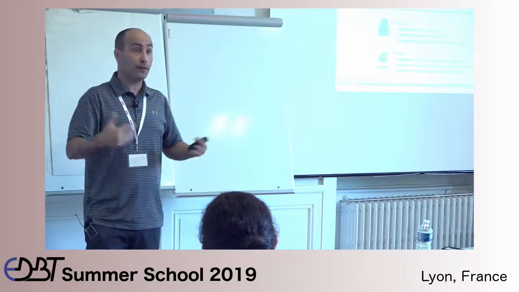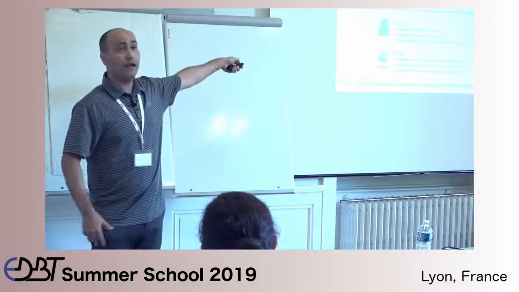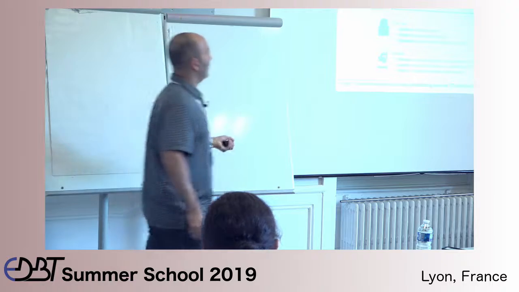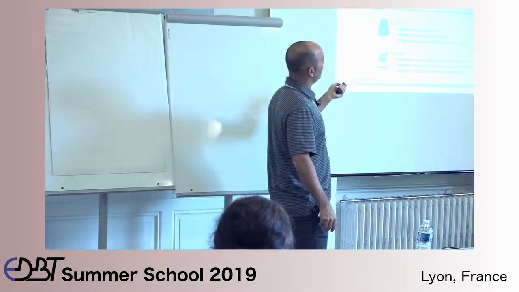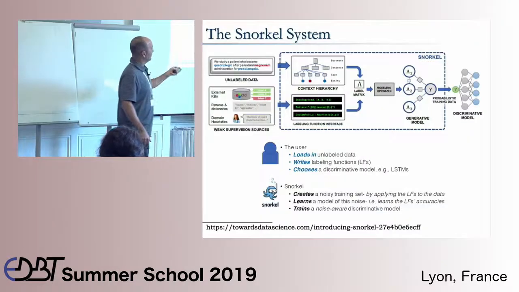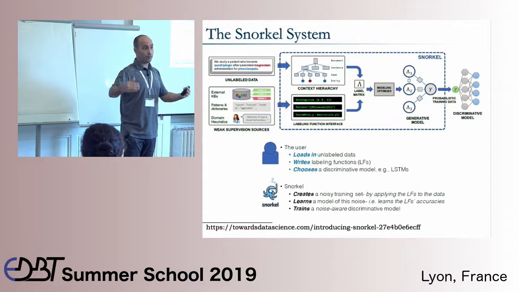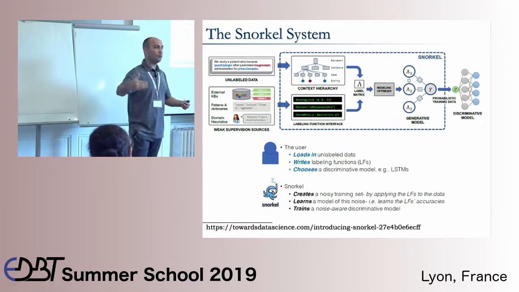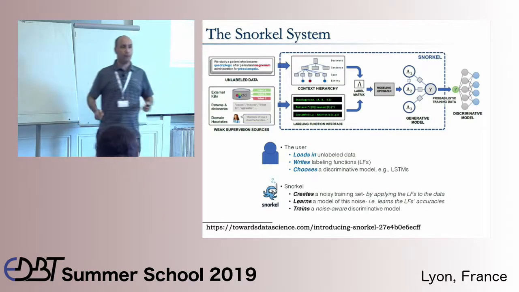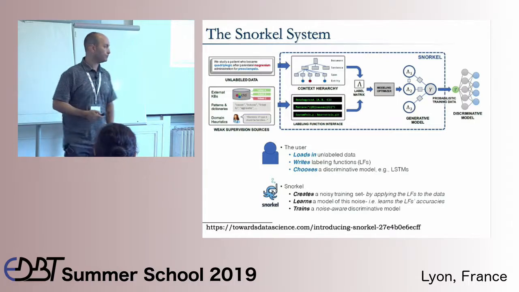Well, what it should have been to begin with, regardless of all of these labeling functions, right? So this is basically a way to train highly complex networks without the usual cost of producing many, many training examples.